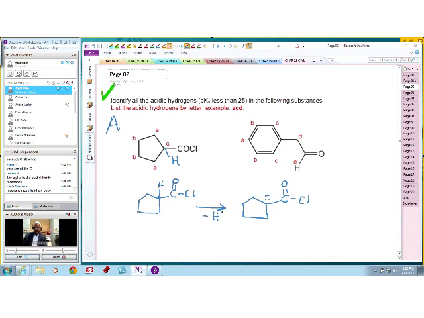Once you remove the proton from here, you have the enolate anion, which is your conjugate base, and that enolate anion can be stabilized by resonance. And that is why that hydrogen is acidic, because of the stability of the conjugate base.